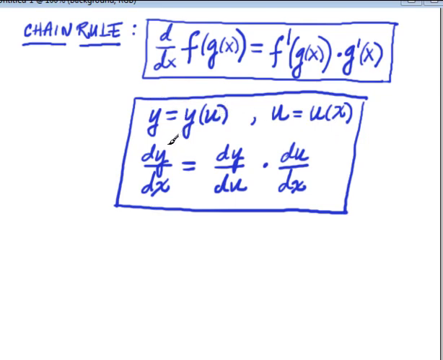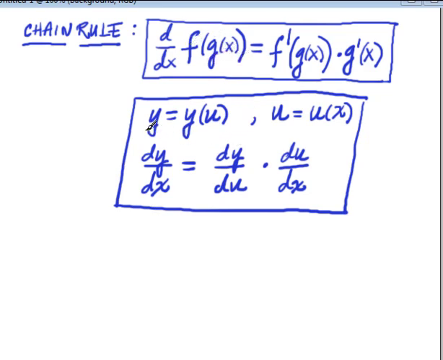Another way is you can think of it as follows. Let's say we have y, our function, and let's say y is a function of u. That's our variable. And then u is a function of x. So if you substitute in the x expression here, you have y as a function of x. Sort of like we did over here, we substitute in g of x into f of x.